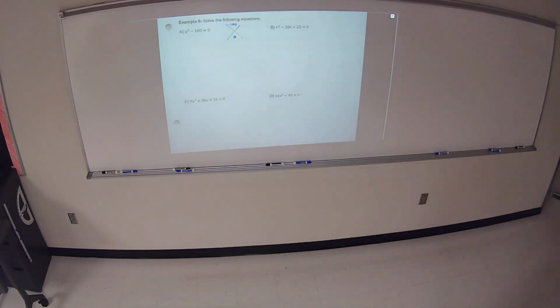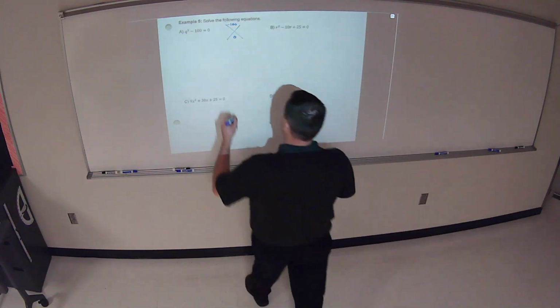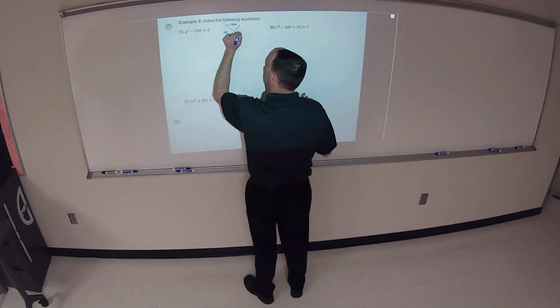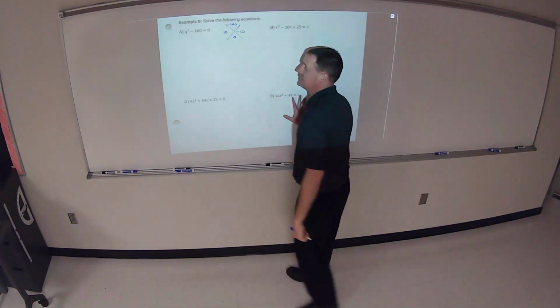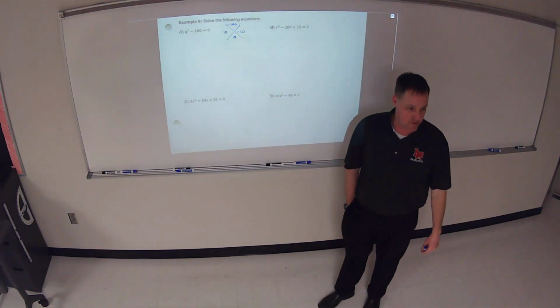If your sum is 0, what do you know? One's positive and one negative, and they're the same number. If you don't know what it is off the top of your head, how do you find that number? You square root 100, and you're left with 10. One must be positive and one must be negative, so we've got positive 10, negative 10.